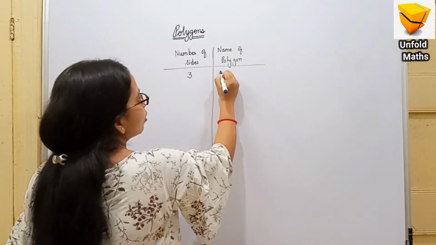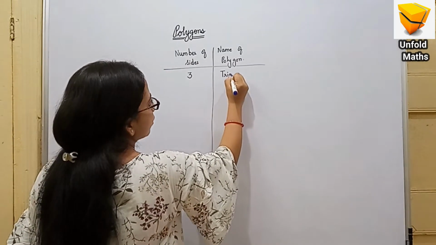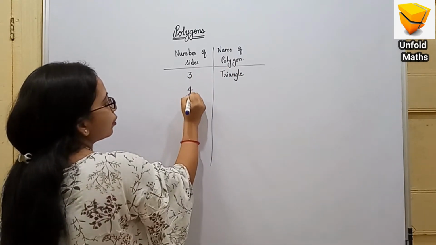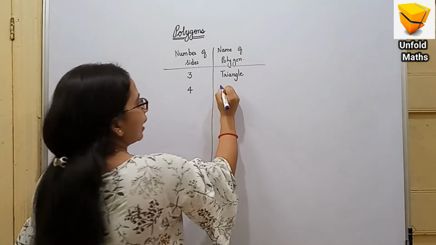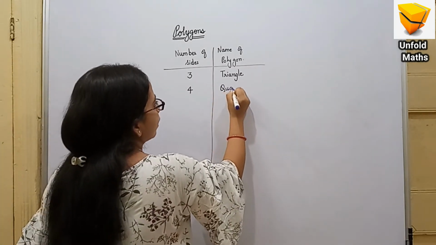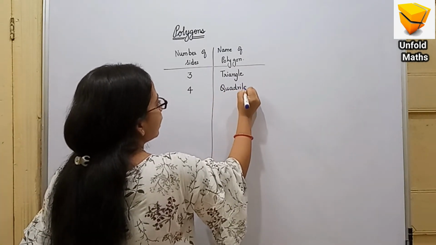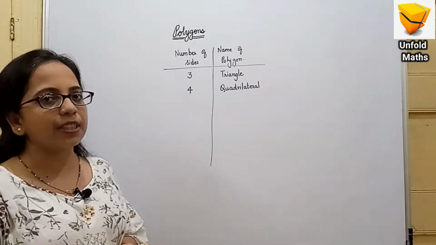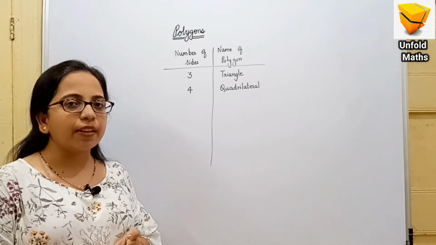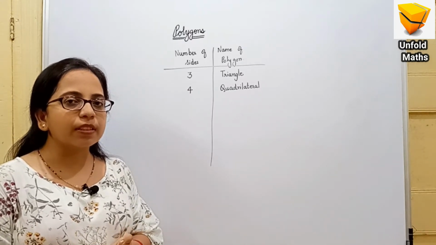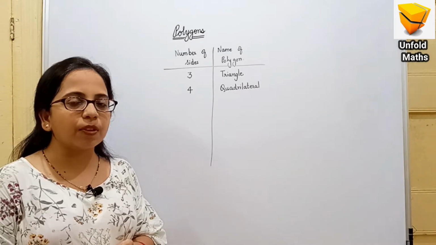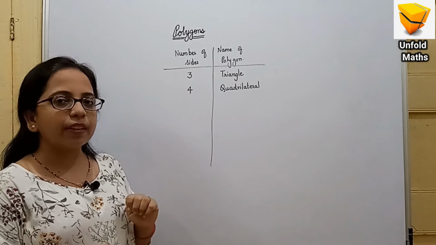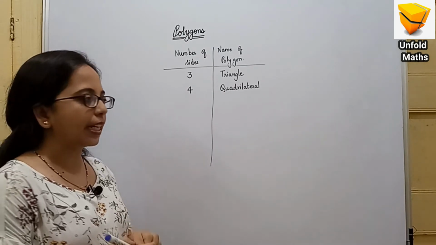That polygon is called a triangle. Second, with four sides, it is called a quadrilateral. A quadrilateral has many shapes with four sides, such as square, rectangle, rhombus, kite, parallelogram, etc. So a quadrilateral is a figure made up of four sides.